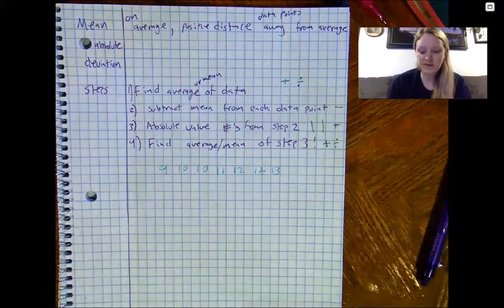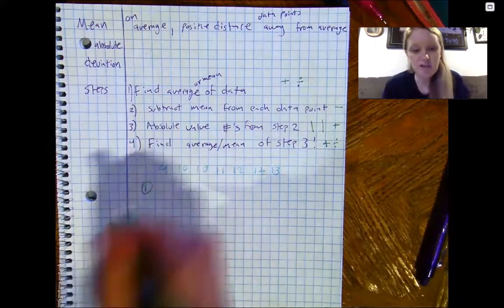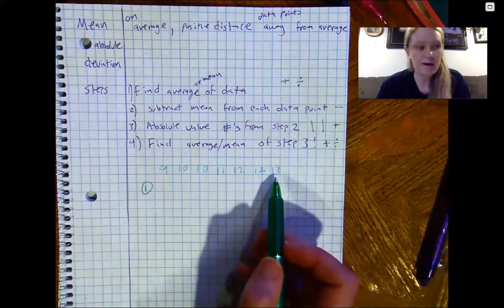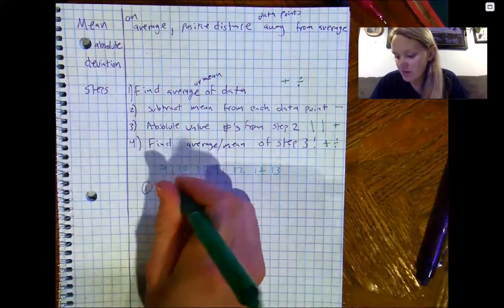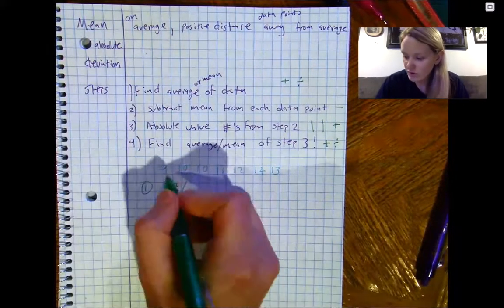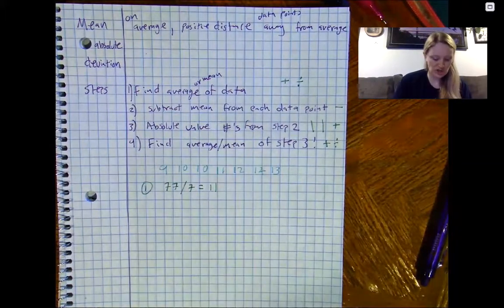So step 1 says find the average, which we've already done, but just as a reminder, you add them all together and divide by how many you have. When you add all these together, you get 77. And when I divide 77 by the number I have, 1, 2, 3, 4, 5, 6, 7 data points, I get that my average age at the movie theater was 11.